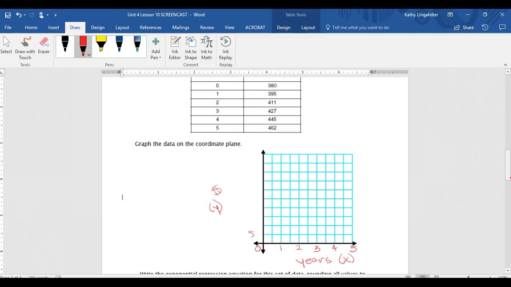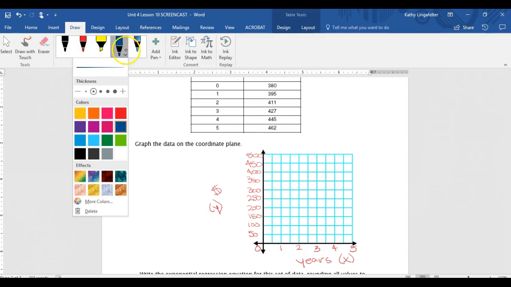So we have 50, 100, 150, 200, 250, 300, 350, 400, and then 450, 500. Let's get these babies on the graph.